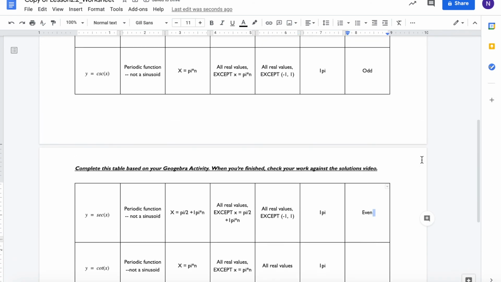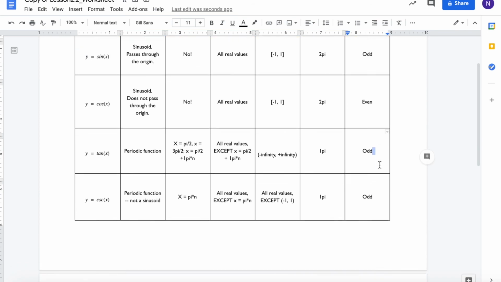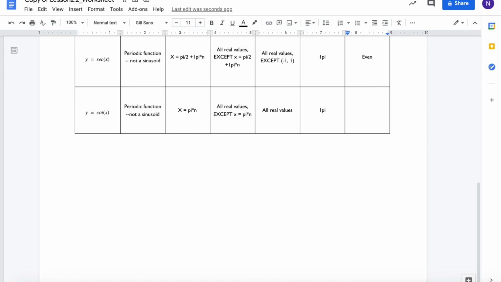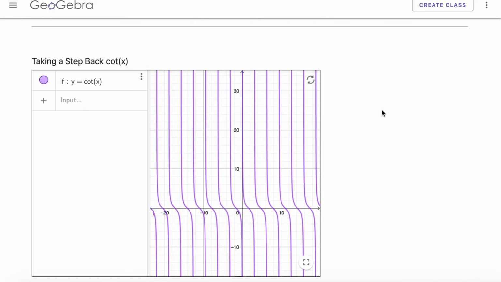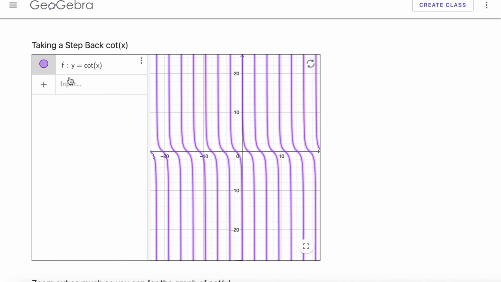Okay. We said that tangent previously was odd, and we did the odd test to determine that. Because cotangent of x is the inverse function of tangent of x, I would expect this to also be an odd function. So let me just see. I'm going to do my odd test. I'm going to negate my output and negate my input.